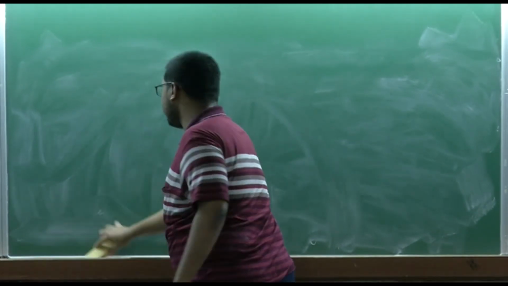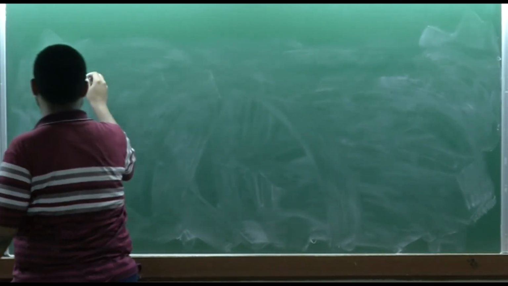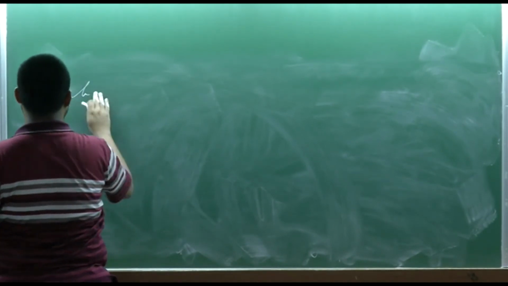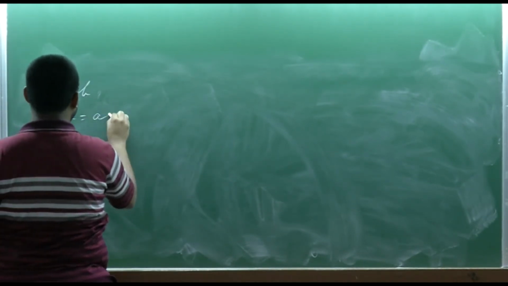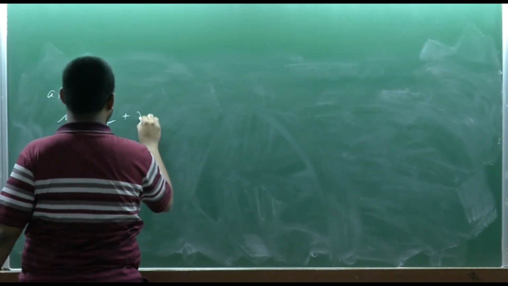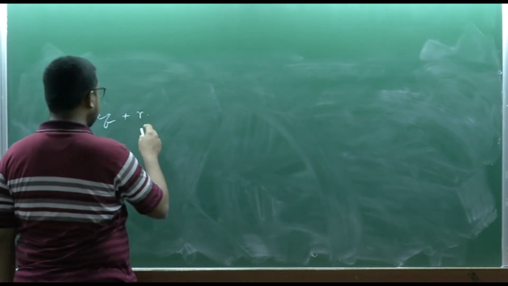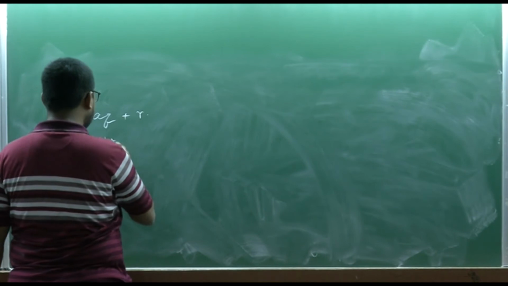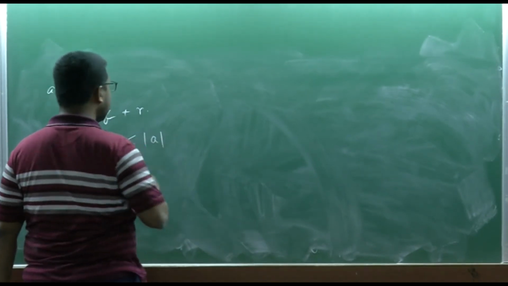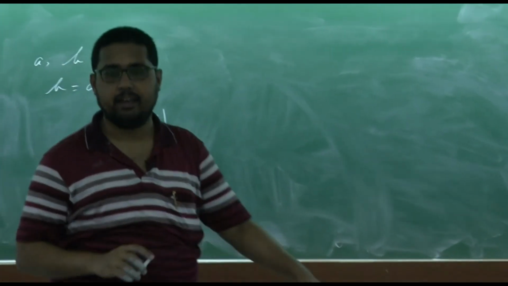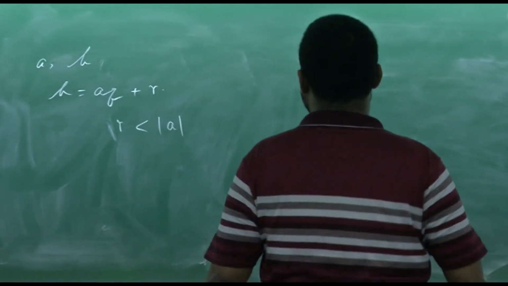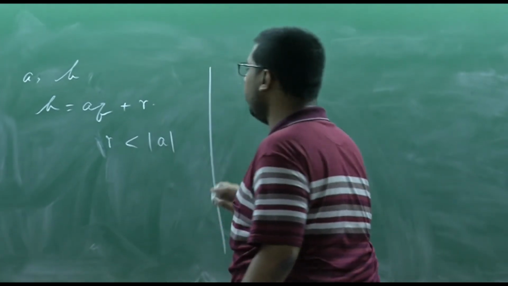What is actually happening in the division algorithm? We are given two elements A and B. By A I am dividing B, performing the division, and then I get a remainder. The important property of the remainder is that its size must be smaller than that of A. Another ring where we have performed divisions earlier is the ring of polynomials.